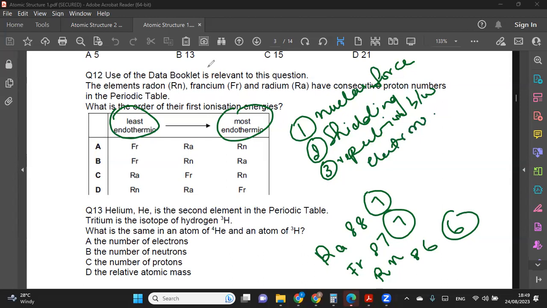Over here, from the three options, which one of them will have the least shielding? Which one of them will have the minimum shielding?